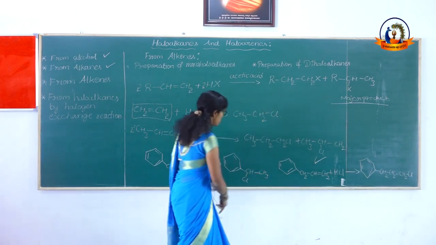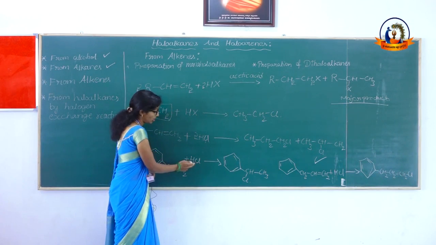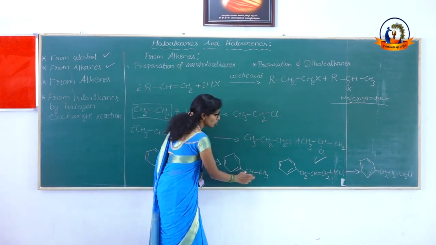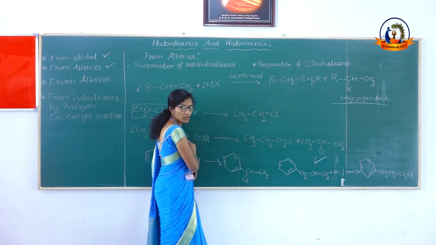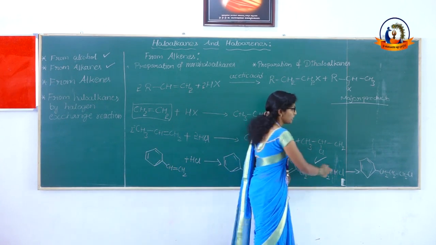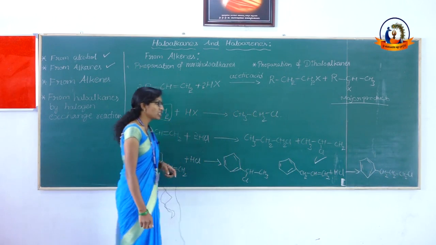This is allyl benzene, this is vinyl benzene. Vinyl benzene reacts with hydrogen chloride. It gives 1-chloroethyl benzene as the major product. Allyl benzene reacts with hydrogen chloride. It gives 1-chloropropyl benzene as the major product.